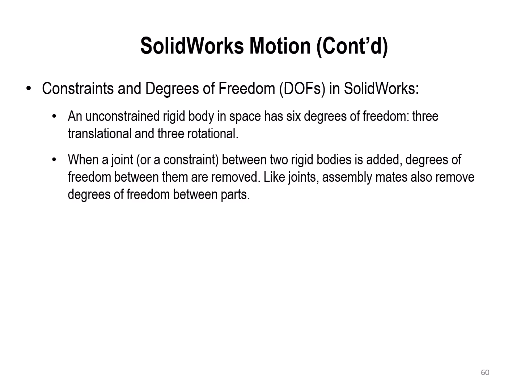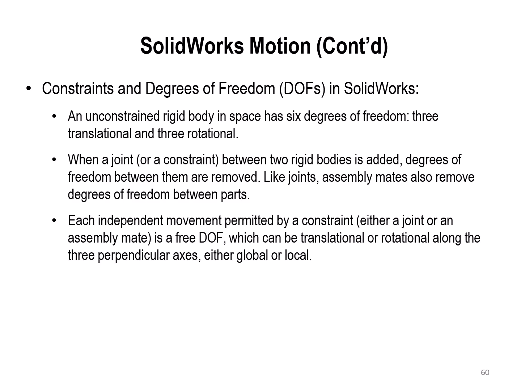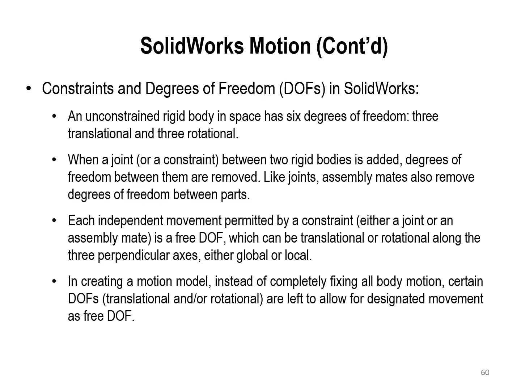Like the joints, the assembly mates also remove degrees of freedom between the parts. Each independent movement permitted by the constraint, either a joint or an assembly mate, is a free degree of freedom, which can be translational or rotational along the 3 perpendicular axes, either global or local.